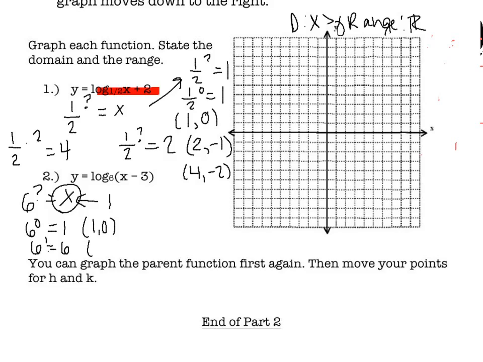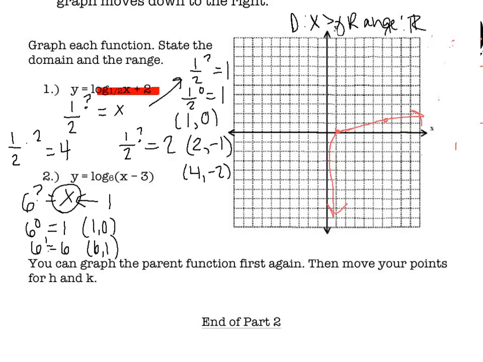So we'll do this first line in red, and I have a point at 1, 0, and I have a point at 6, 1. So this graph is going to go up this way, and my vertical asymptote will go down. Now again, if this didn't make sense to you how to finish drawing the graph, you can try to come up with one more point that will kind of indicate the direction that the bottom part of this graph is going.